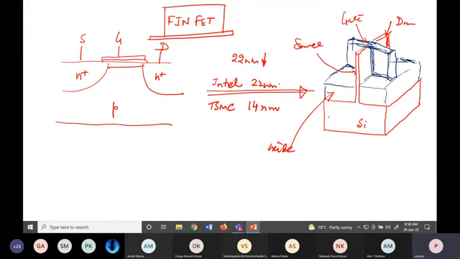What is the motivation? We have already discussed this, but let me reiterate once more: the motivation behind moving from planar technology to this 3D kind of technology is simply because of short channel effect.